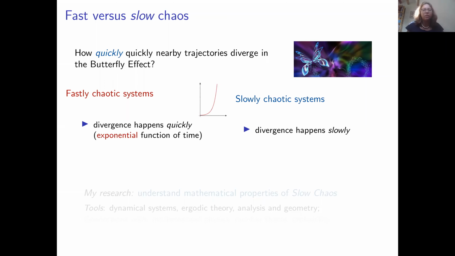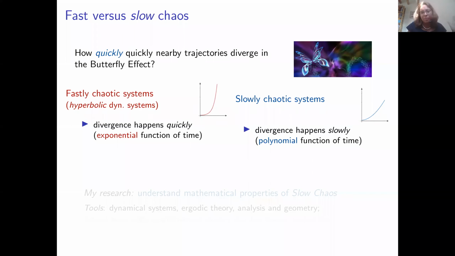So in fast chaotic systems, you see exponentially diverging trajectories. And what I call slow chaos is when this butterfly effect is slow, and slow means sub-exponential, for example polynomial or even subpolynomial.